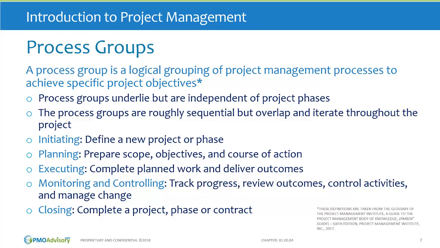They are roughly sequential, but they overlap and iterate. That's what makes the process groups different from the phases. There are 5 process groups: initiating, planning, executing, monitoring and controlling, and closing.